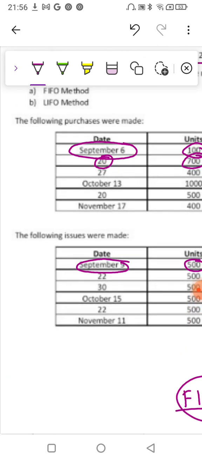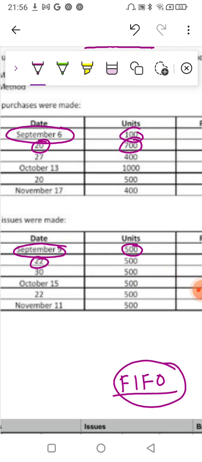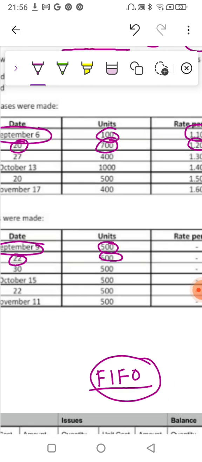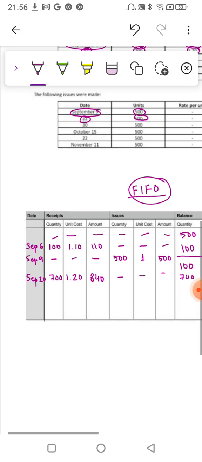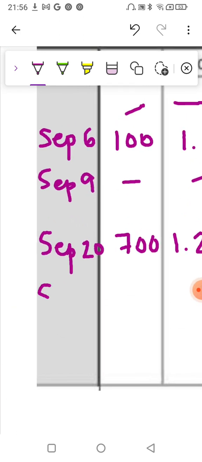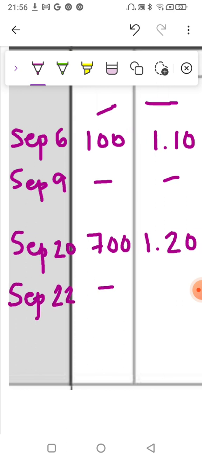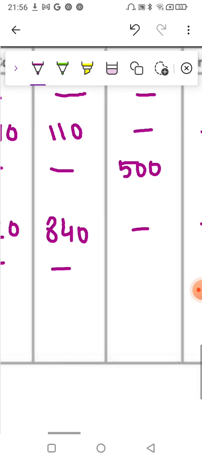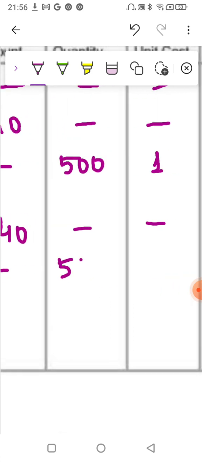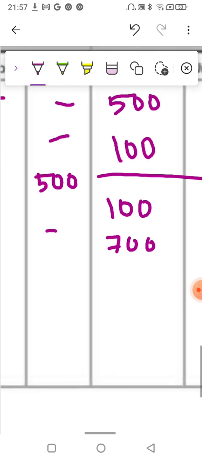Now we are going to move to September 22. You can see over here, we will go in chronological order. So September 22, there was no purchase. There was an issue of 500. First in first out means we have to first issue it from the first category that I have.